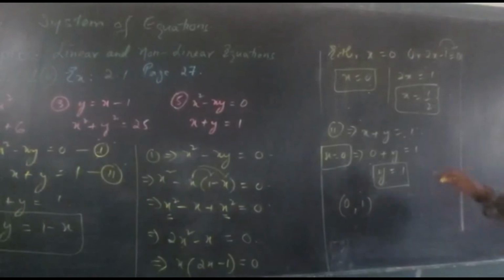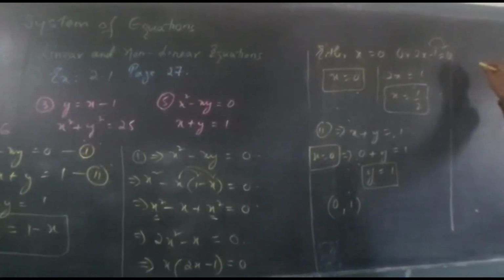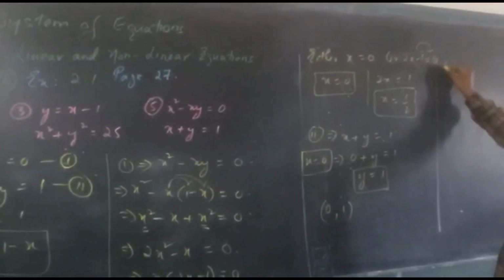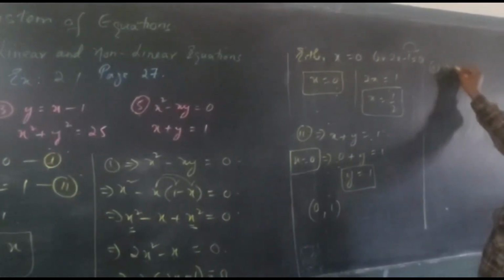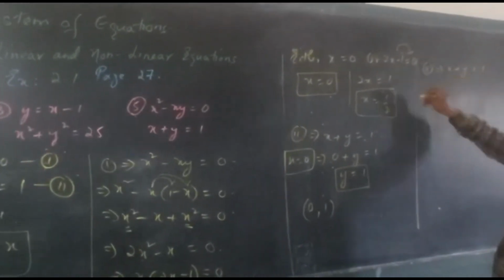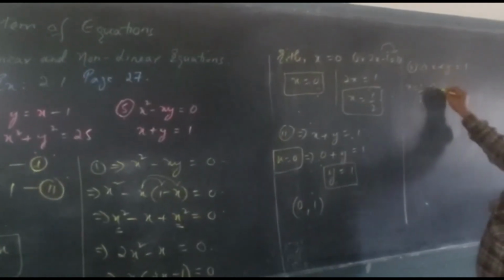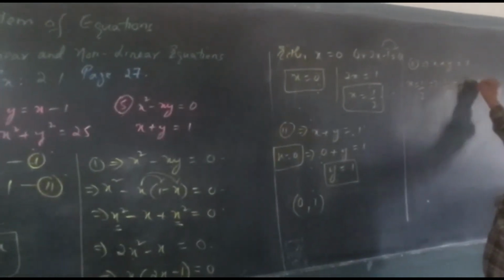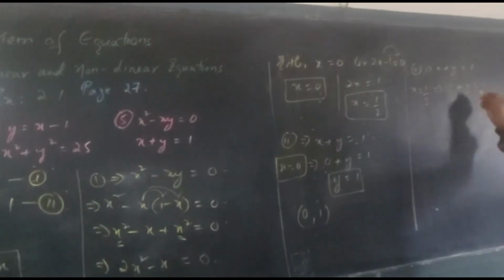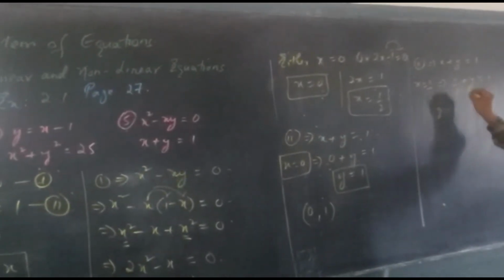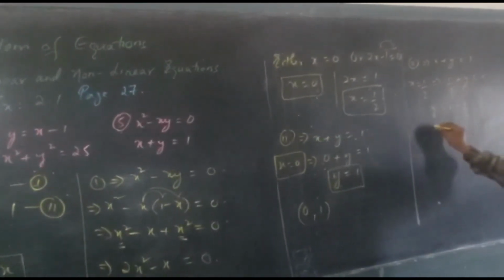Now, let's do the same with this. We have the second equation, x plus y equals 1. We take the value of x as half. So we get 1 upon 2 plus y equals 1. Let's keep y on one side, so 1 minus half. And what is 1 minus half?